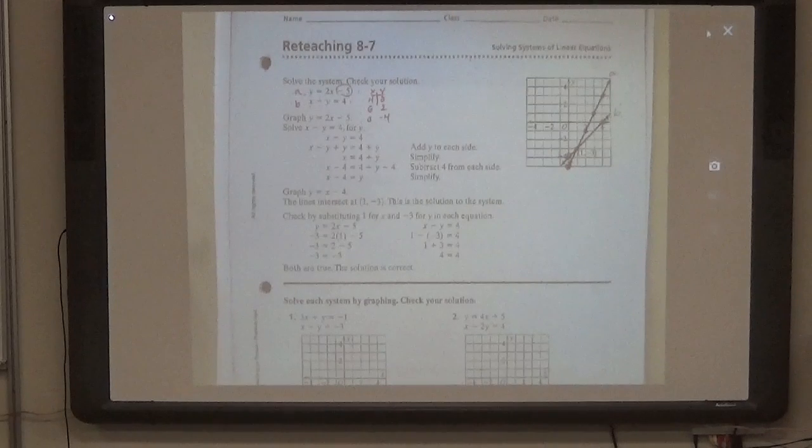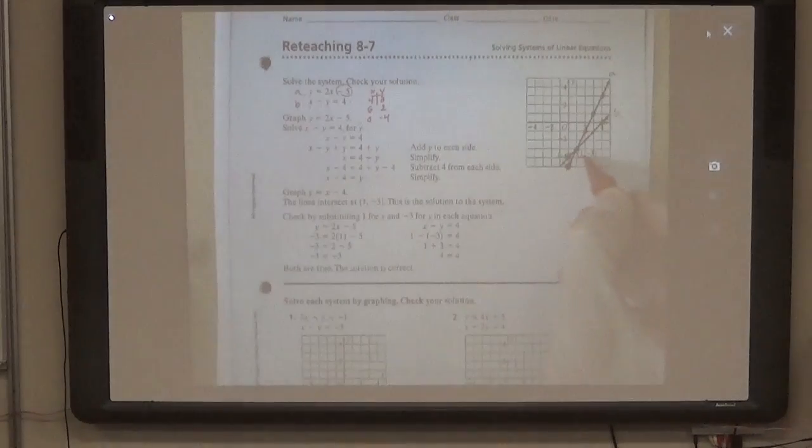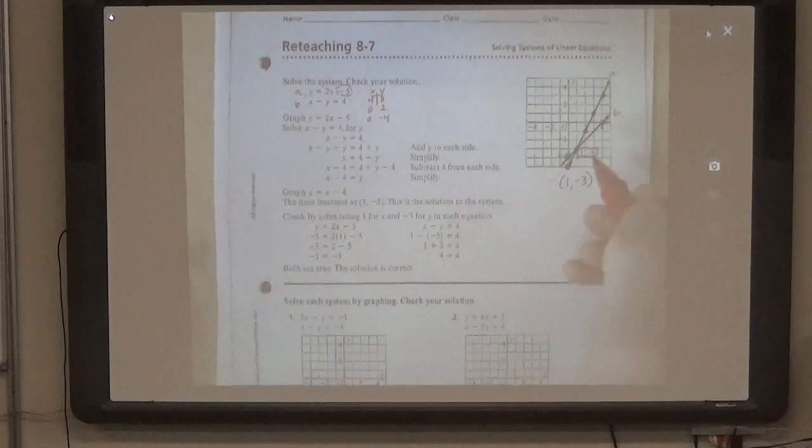Yep, and what are the numbers next to that point? 1, negative 3. Yep, right here. Those are the numbers for that point. So, what this graph shows is the solution for both equations. Wherever they cross is the solution for both equations.